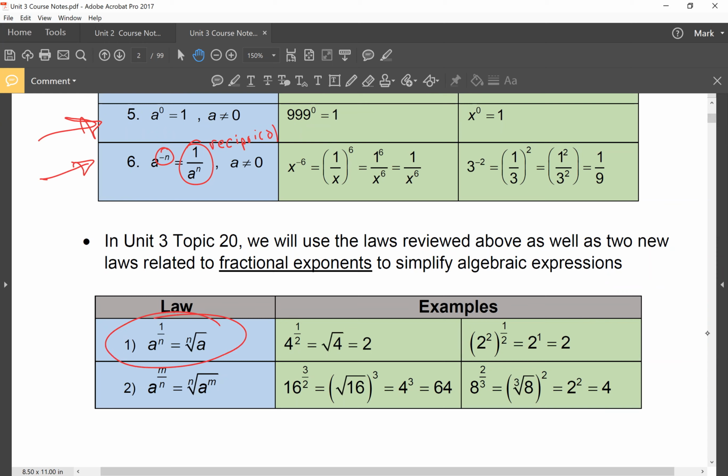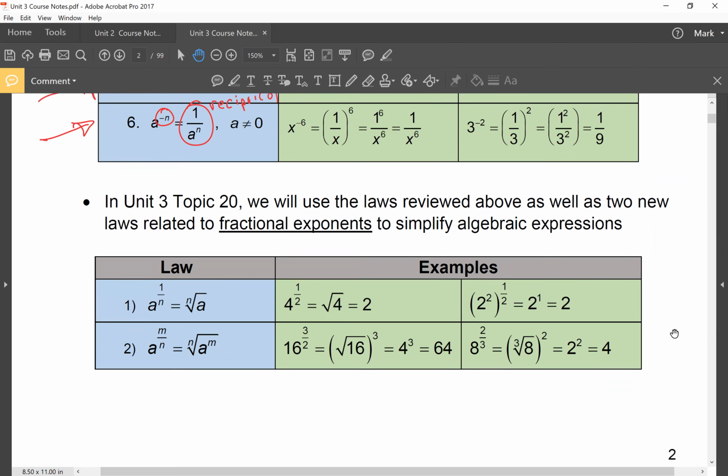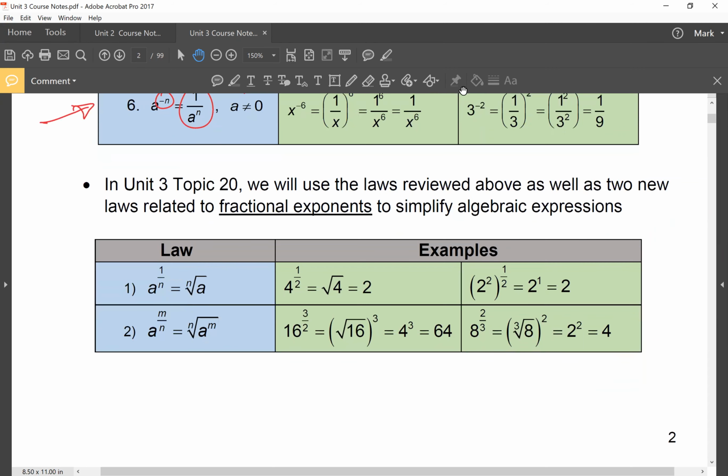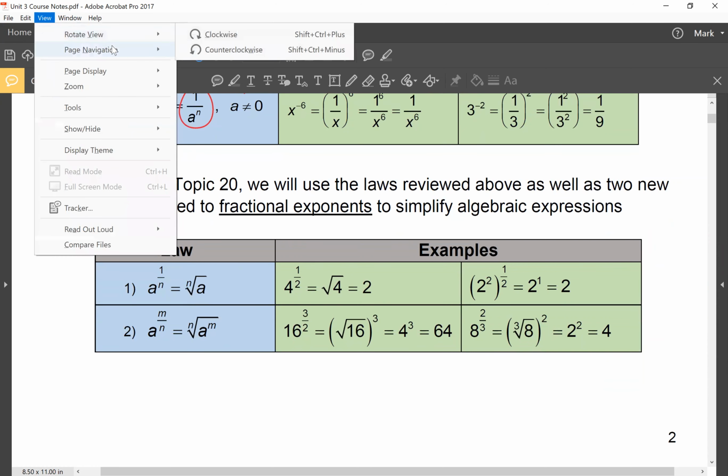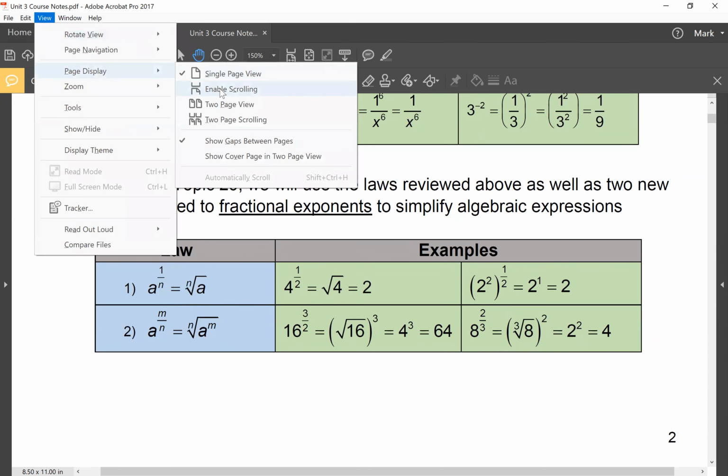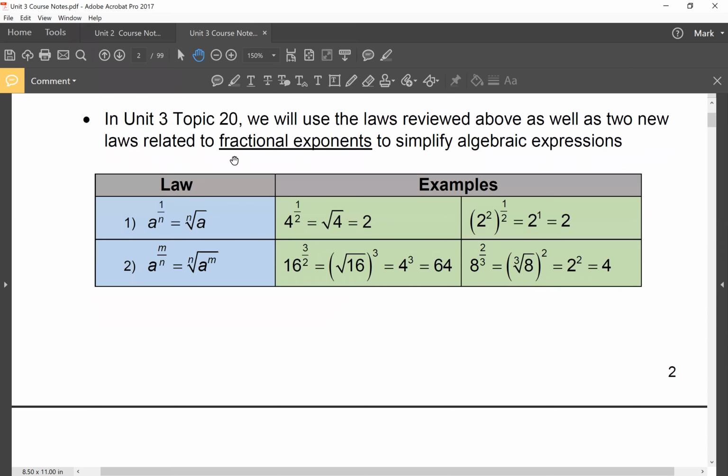This is a law, but this is just something you should know in general. This is a really important feature of mathematics. When I take, and this is really cool, I'm going to write this on the bottom here. Oh, hold on. Let me fix my notes. There we go. Okay.